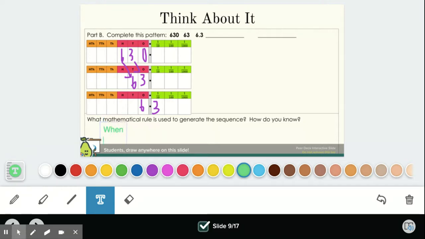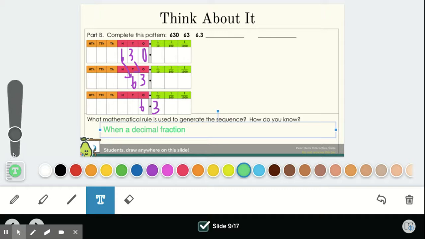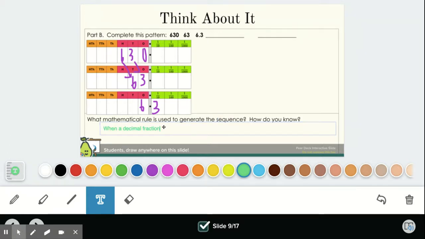When a decimal fraction is divided by 10, all digits shift to the right.